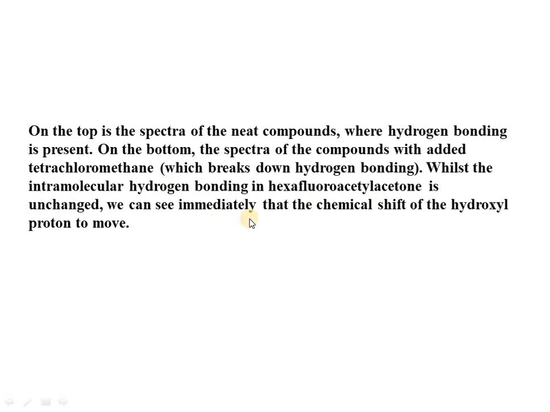We can see immediately that the chemical shift of the hydroxyl proton moves. So from the spectra of the pure compounds and of the compounds after mixing, we can easily identify whether there is intermolecular or intramolecular hydrogen bonding, because in intermolecular hydrogen bonding there will be a change in the position and height of the peak, but in intramolecular hydrogen bonding there will be no change in position or height of the signals, which tells us whether the bonding present in a molecule is intermolecular or intramolecular.